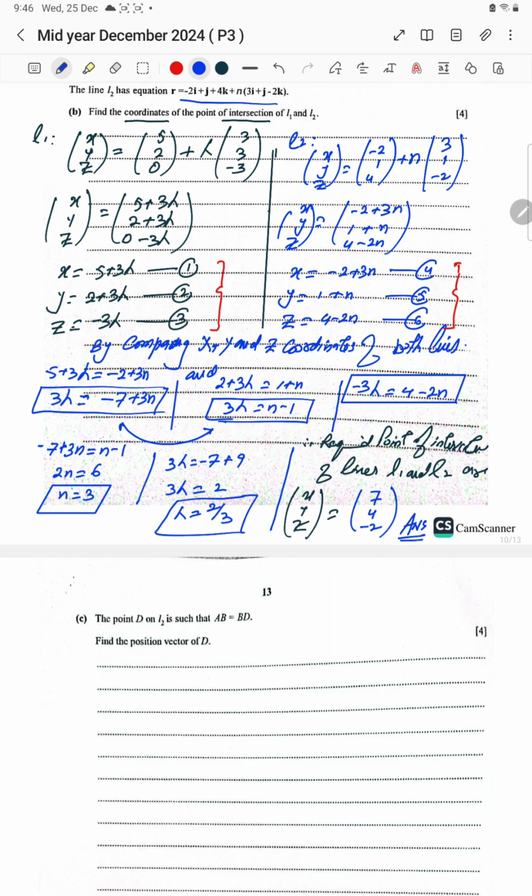Let's go to the last part of the same question. Okay, in the C part, the point D lies on L2.